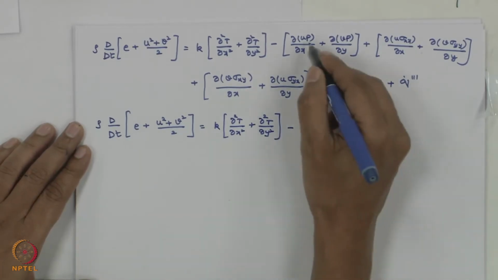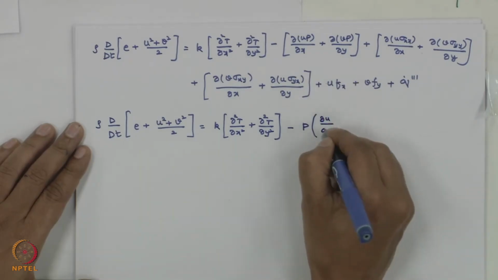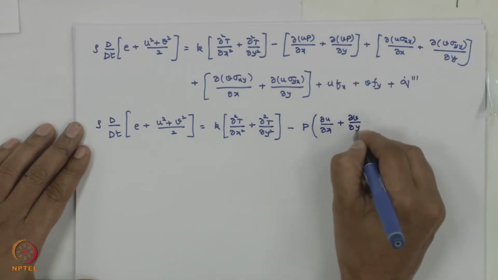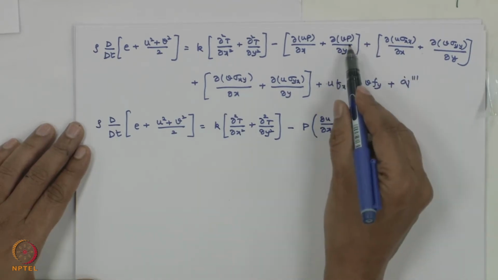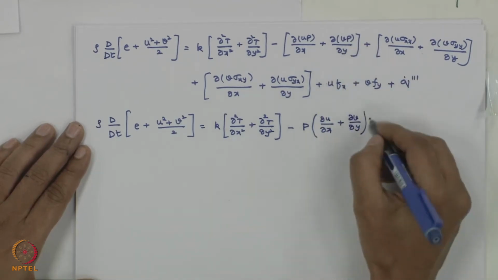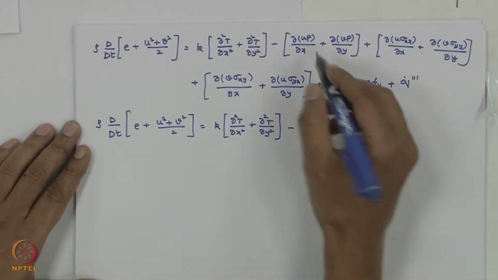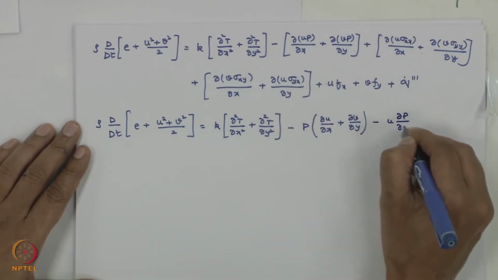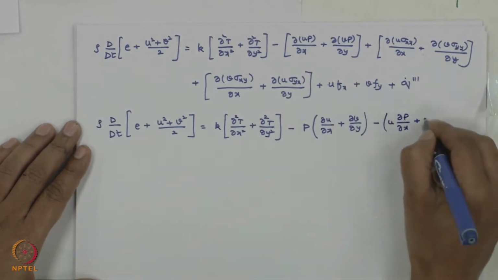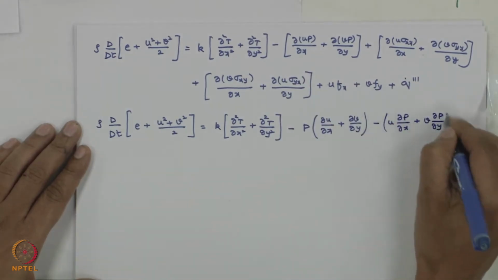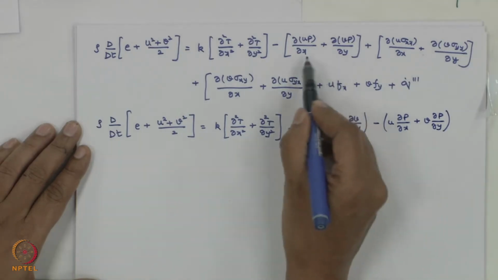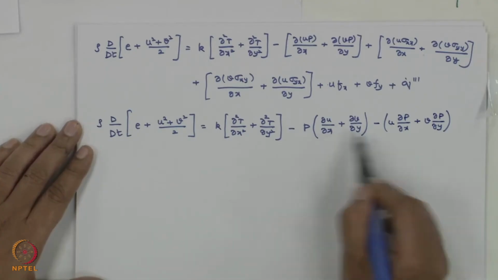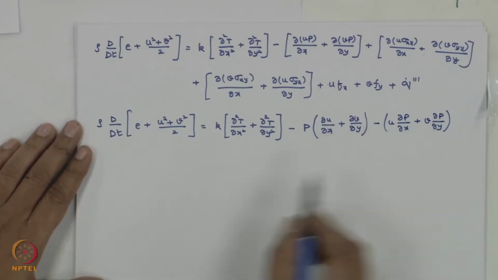If I take p as constant, I get del u by del x plus del v by del y. Next, minus of, now I have to keep u constant, u del p by del x plus v del p by del y. Remember, I just expanded these terms and took p common, that's all. One small step I have skipped, but I have told it orally.